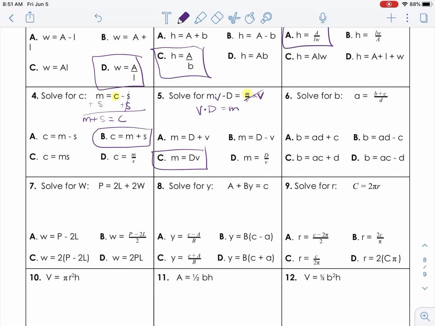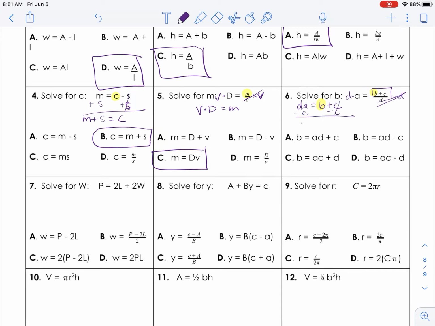Number 6. We want to solve for B, but look, B is trapped in a box. We have that big, long fraction bar there, so I've got to multiply by D first, just like I would in an equation. That's going to cancel out, and I end up with dA equals B plus C. Notice I can't combine any like terms because we don't have the same variables. They're all different letters. But I'm still trying to get B by itself, so I'm going to undo what's being done. I'm going to subtract C on both sides.